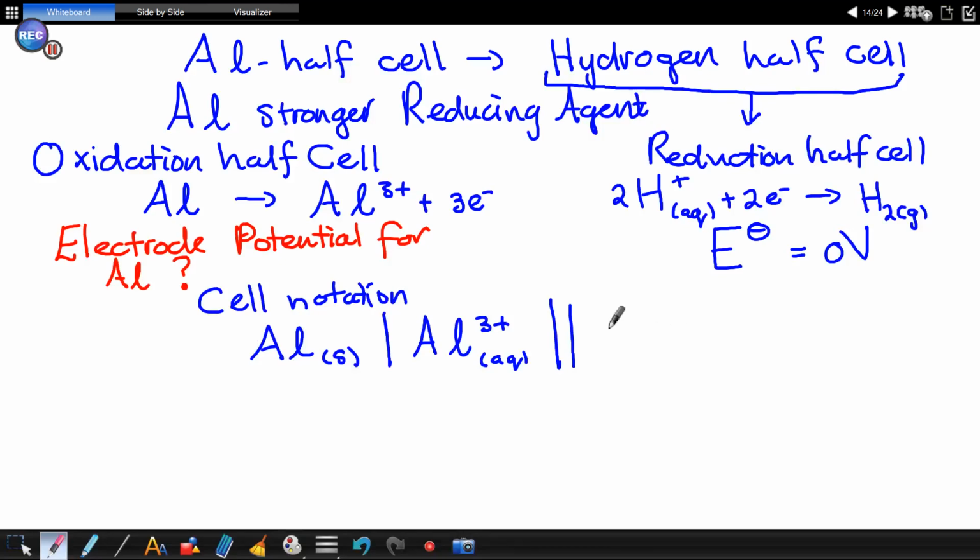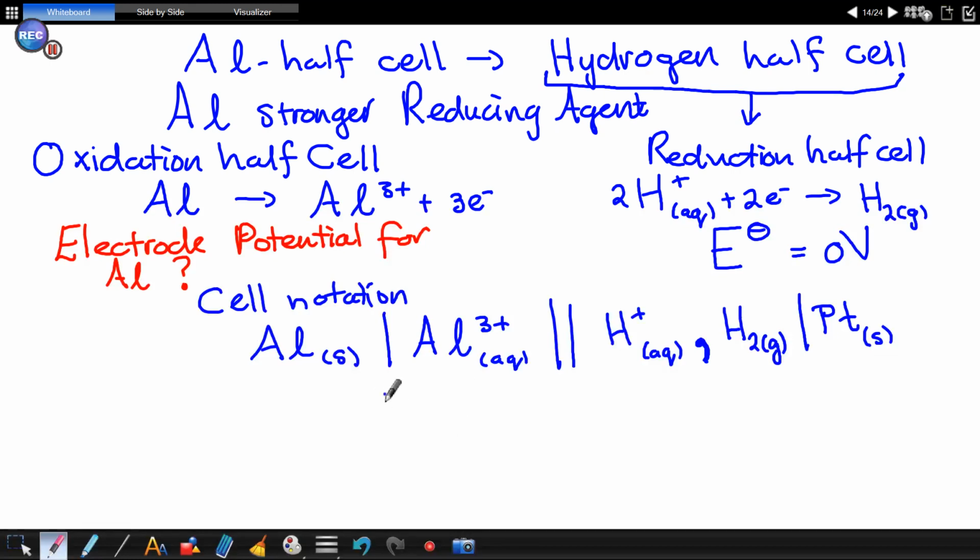And on this side, you've got the hydrogen ions going to hydrogen, and here, because it's not between a liquid and a solid, or a solution and a solid, it's between a gas and a solution, I put a comma. That is different from what we have done before, and my platinum is the electrode in the reduction half cell.